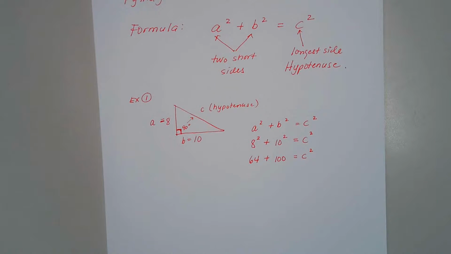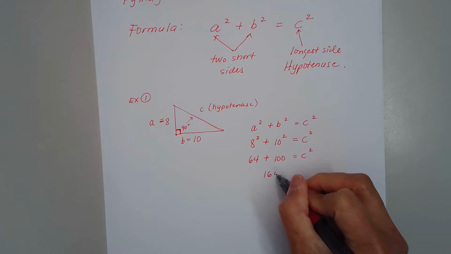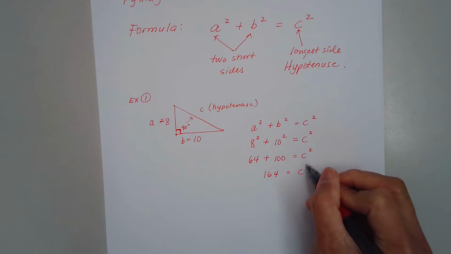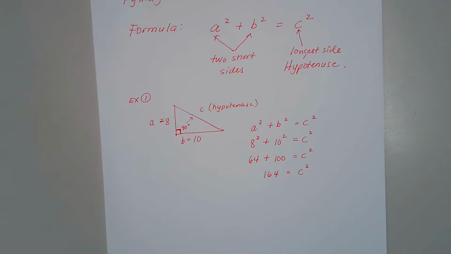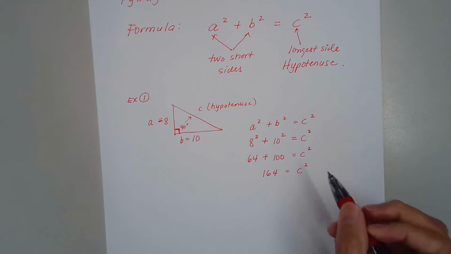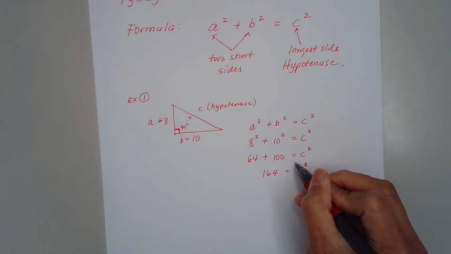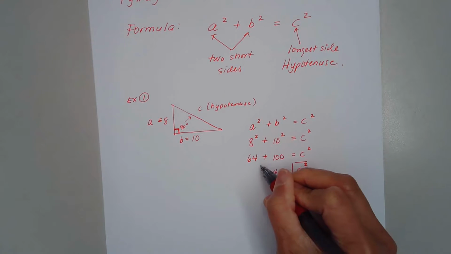What's the next thing we're going to do? Addition, right? 64 plus 100 is 164. 164 equals c squared. So from here, how can we calculate the c? How can we have the c on its own? By square root. To get rid of the square, we have to put the square root.